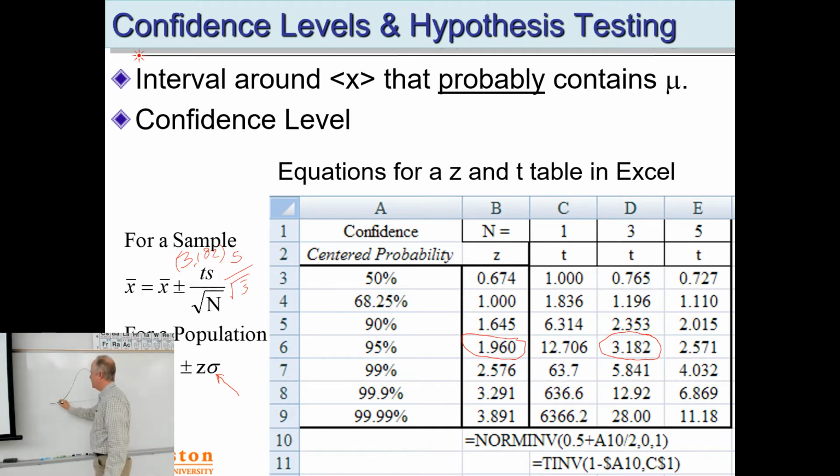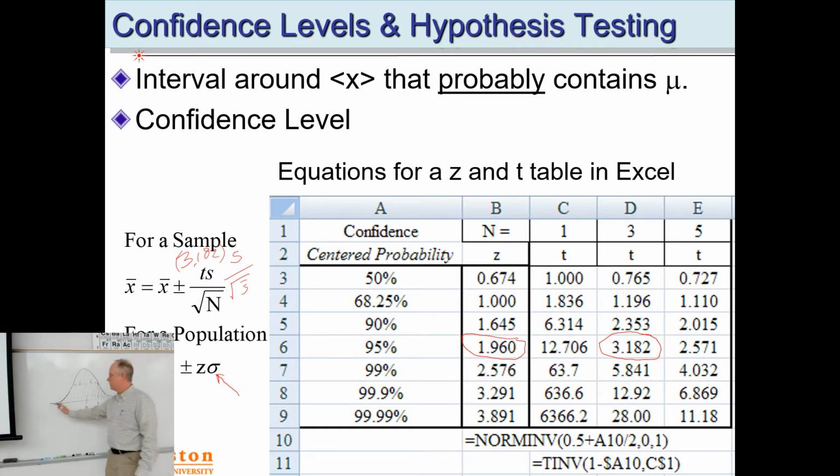We're saying I want to cover 95% of this area, okay? And it has a mean of 0 and a standard deviation of 1, okay? So that's our mean, that's our standard deviation. And I want to return this value that contains 95%.